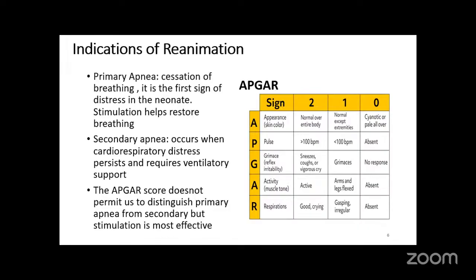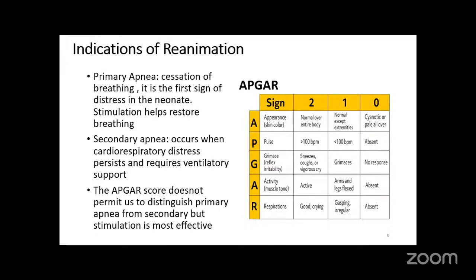But if after stimulation, that is after warming, rubbing of the back, and flicking of the feet, the neonate is not able to pick up breathing on its own, then we refer to a secondary apnea. In the case of a secondary apnea, we need to go in with our resuscitation to aid the neonate to breathe on its own.